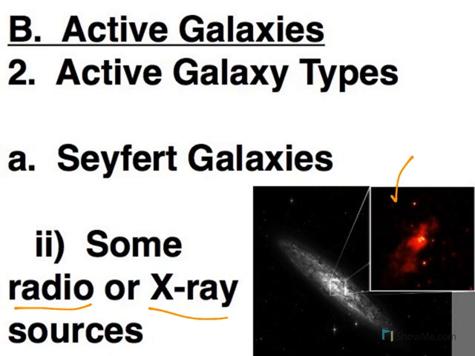This is a radio image that we see here. So that's looking just in this little section in the middle of the galaxy that we see all of this radio emission. And we get a little bit of X-ray coming out of Seyferts, but again, not nearly the kind of extreme radiation that we get from a quasar.